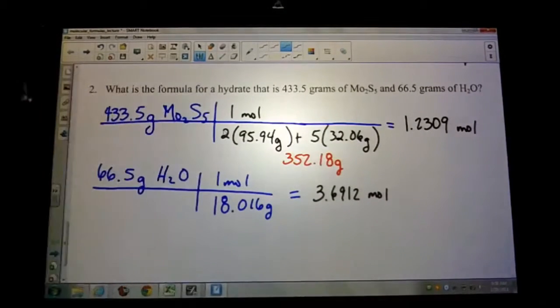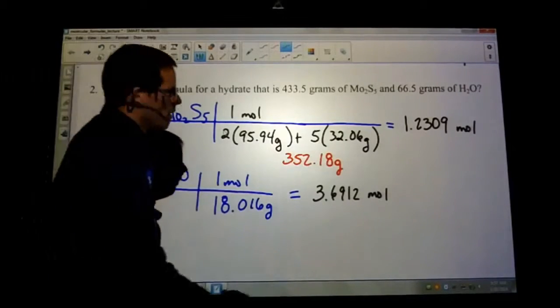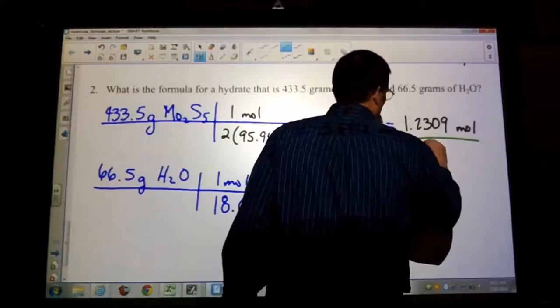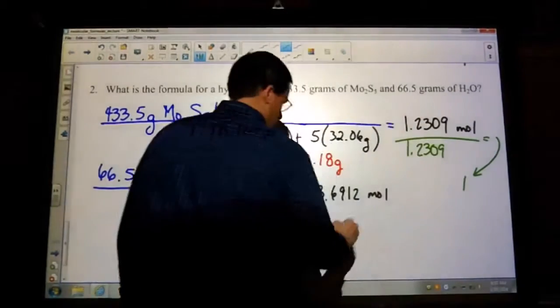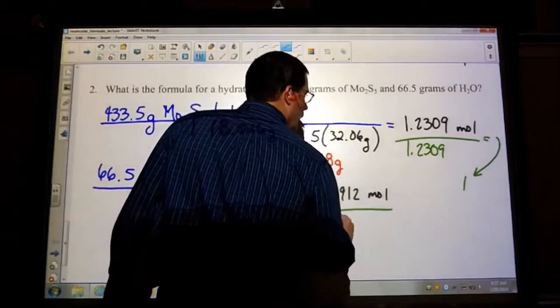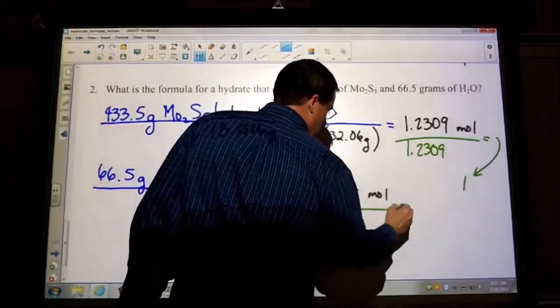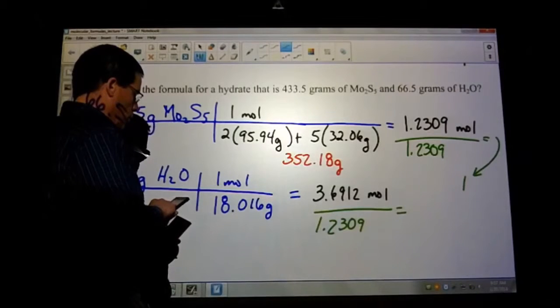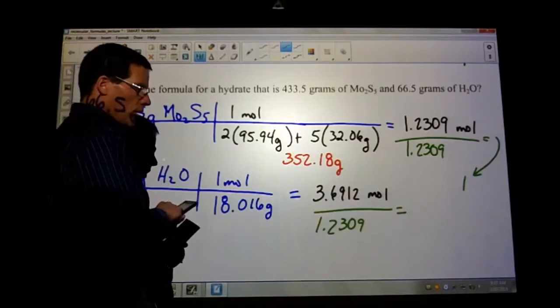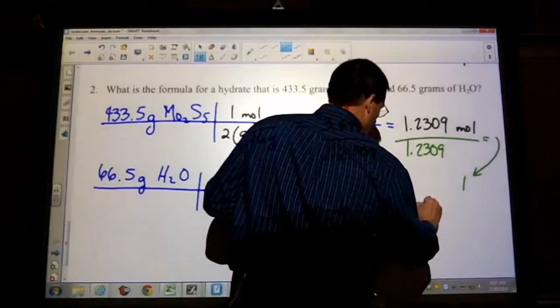So, which one's smaller? Yeah, the top one. Which is 1. And the other one is which is like 2.9987, so 3.